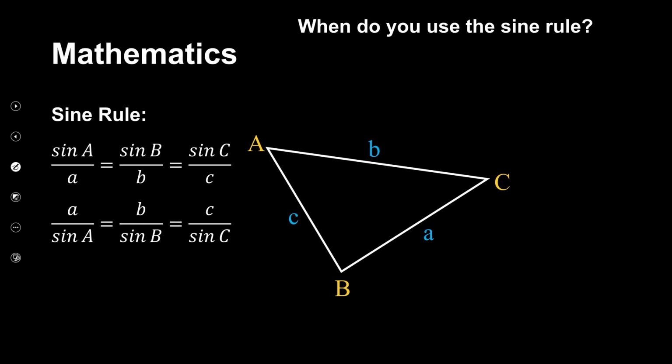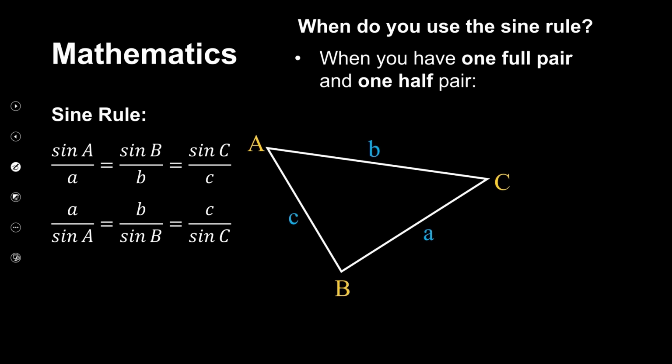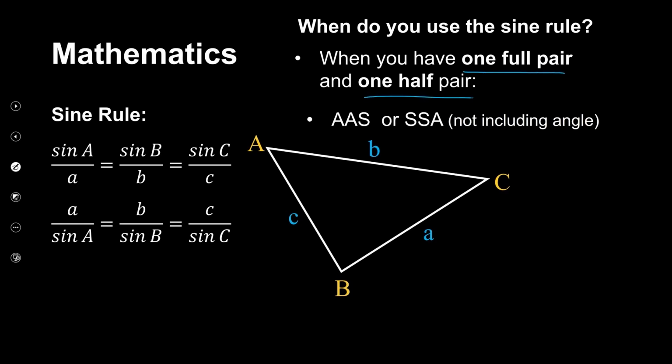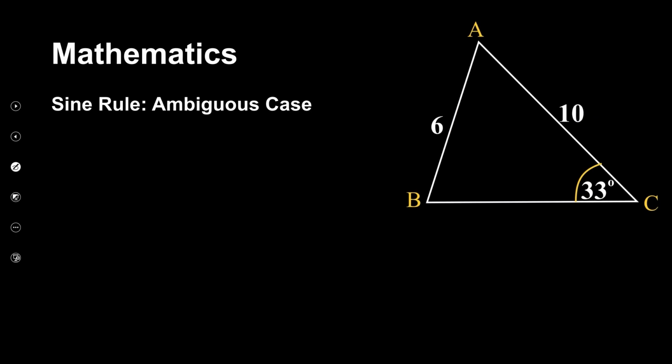Okay, and when do you use the sine rule? You use the sine rule when you have one full pair and one half pair. So either angle side or side angle, but not the included angle. But remember, we've got to look for the ambiguous case of the sine rule. The ambiguous case occurs when the full pair that's given contains the smaller of the two sides.